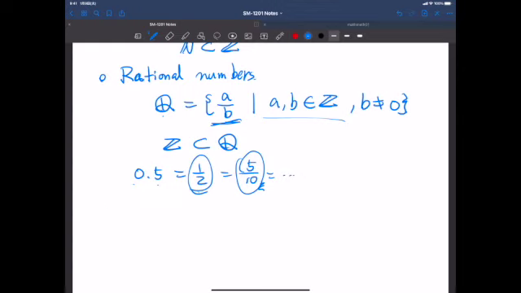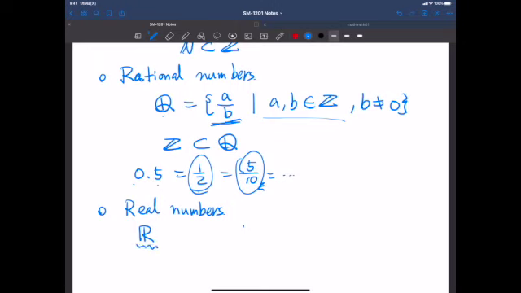Okay, and the next set is the set of real numbers. How to define real numbers is far from trivial, but we just assume you already know what real numbers are. So real numbers cannot be expressed as a countable set. Well, countable, we haven't defined it yet, but anyway. A real number is a number that includes both rational and irrational numbers. Okay.